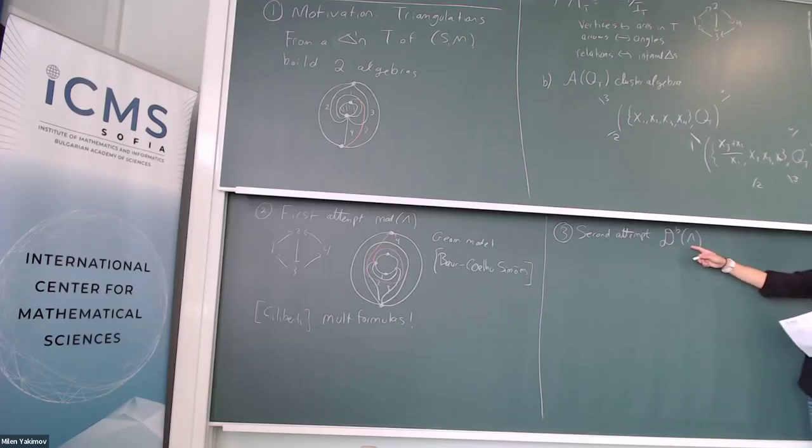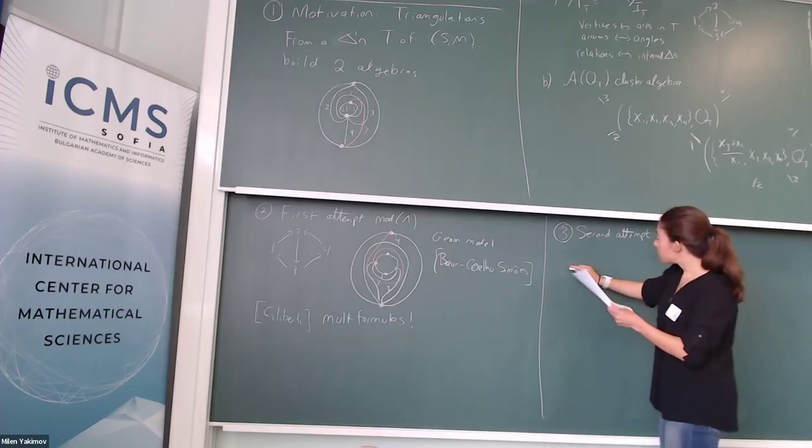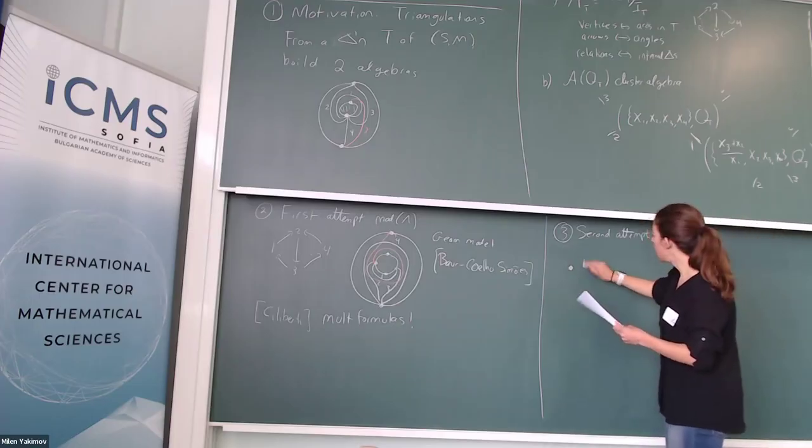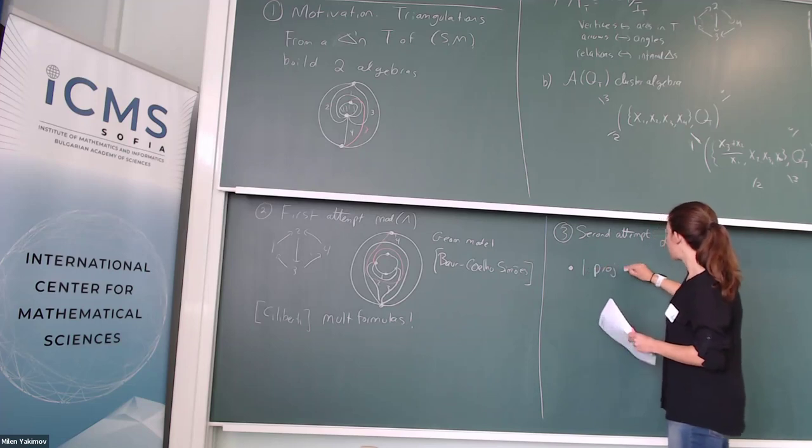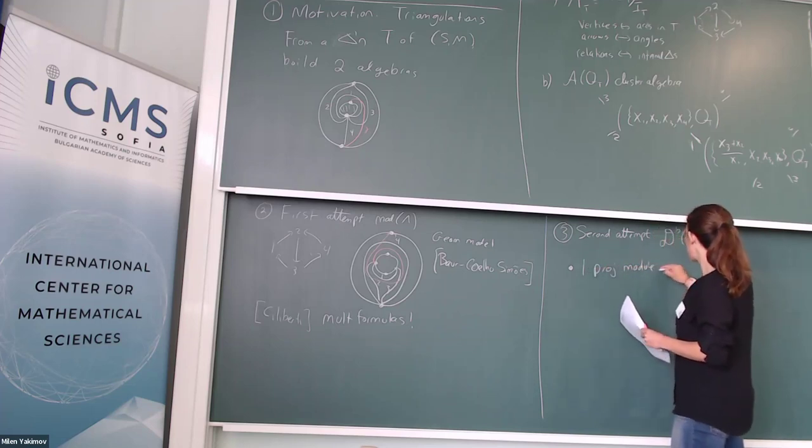So our objects now, instead of looking at modules, we're gonna be looking at like complexes of projectives. And thankfully, when we're working with like these bound quiver algebras, that also we can boil down in a pretty concrete way. Okay, so let's recall, in this setting, there's one projective module for every vertex.